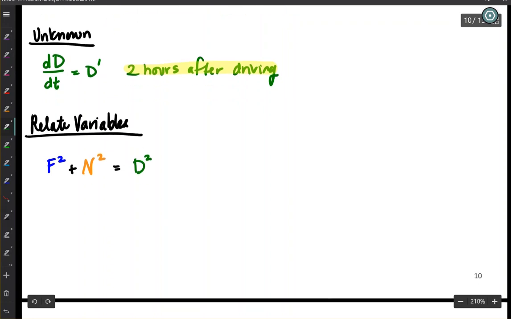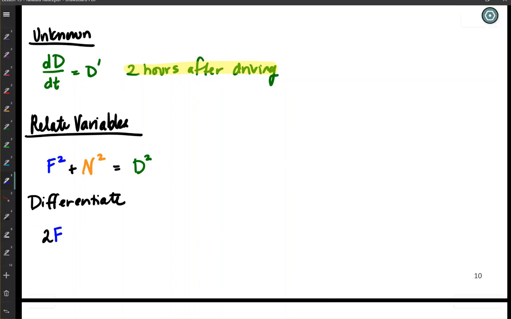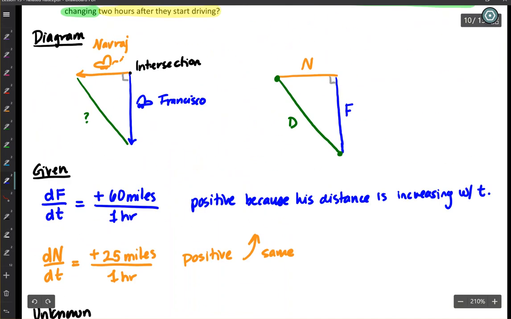Now differentiating both sides with respect to time, the derivative of f squared is 2f, but wait, f changes with respect to time. f is the distance that Francisco has traveled. That's changing.